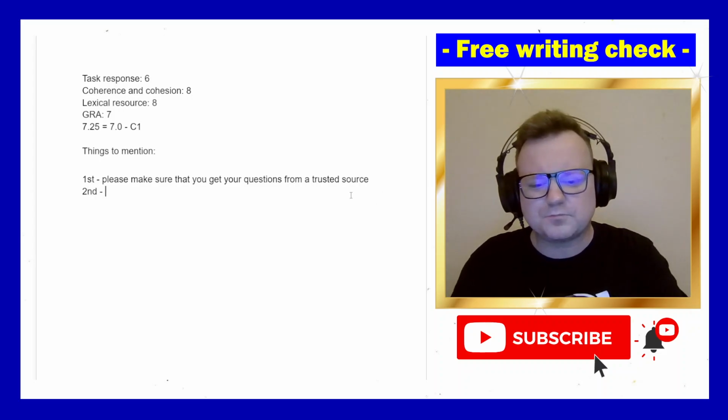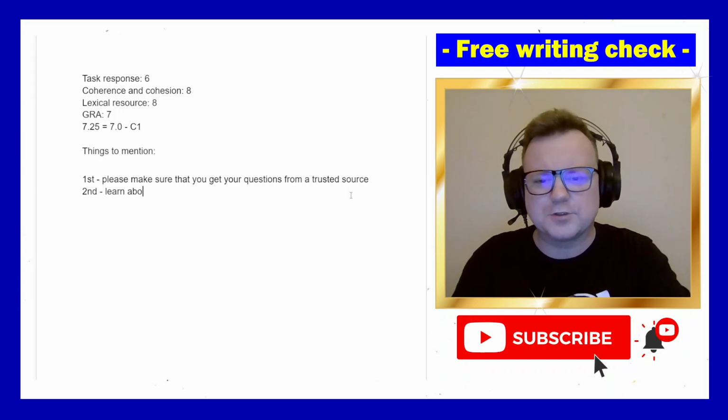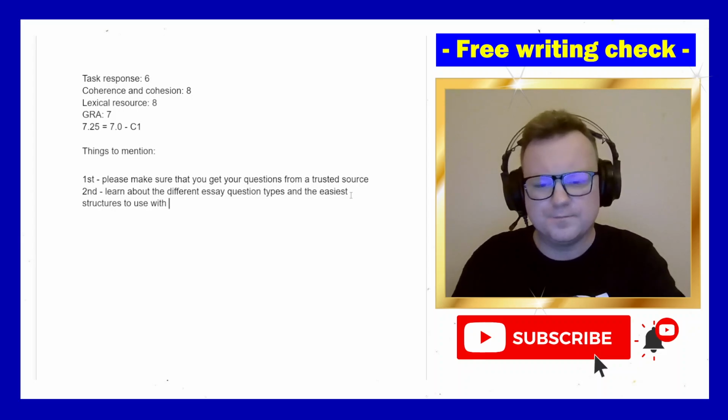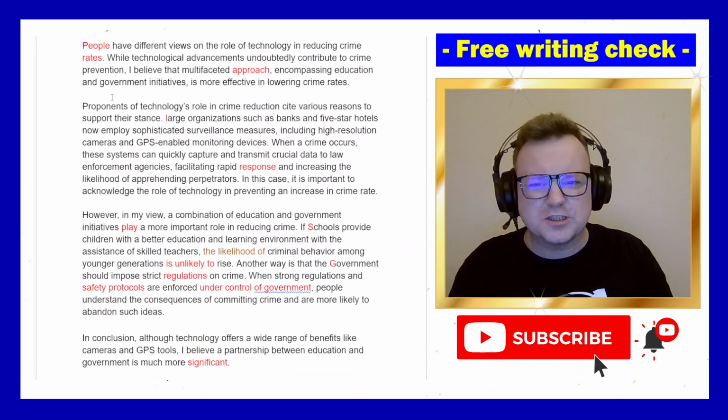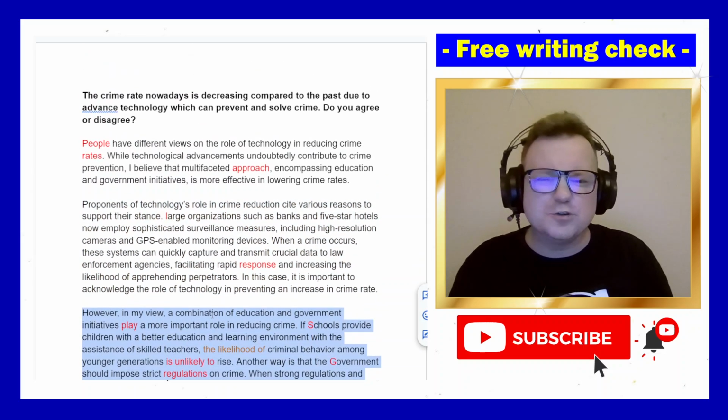Second, learn about the different essay question types and the easiest structures to use with them. I haven't punished you for this, but I don't like the fact that you're treating this as a discuss both sides, because it's a do you agree or do you disagree?